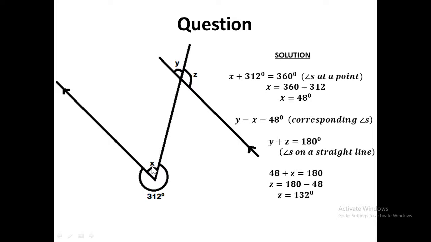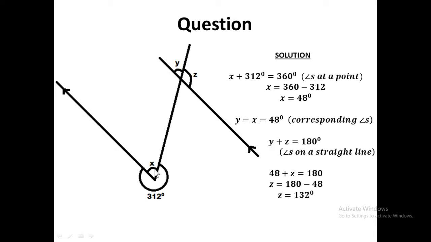It means that angle X plus 312 degrees will give us 360 degrees, because angles at a point are equal to 360 degrees. Then you can find X by subtracting 312 from 360 degrees, and that will give us 48 degrees. So angle X here is 48 degrees.